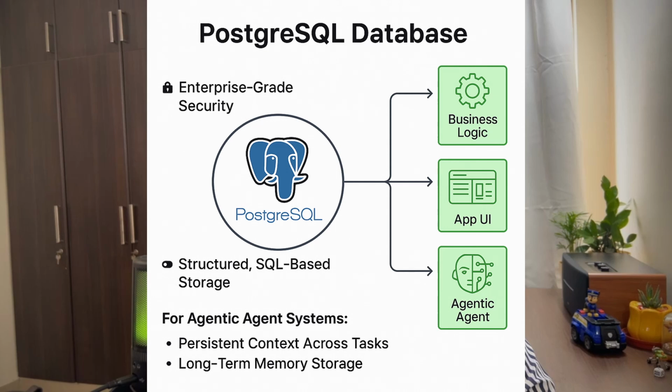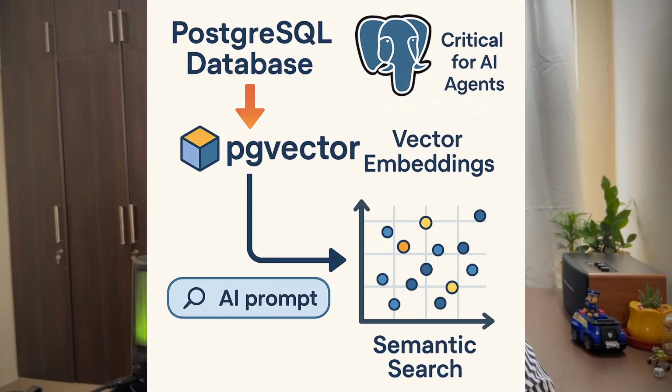Anyone who has heard about PG vectors, especially while developing agents, knows that it is capable of handling those types, which SQL Server or other databases cannot handle. So Postgres isn't just a database, it's a memory layer for your AI infrastructure.